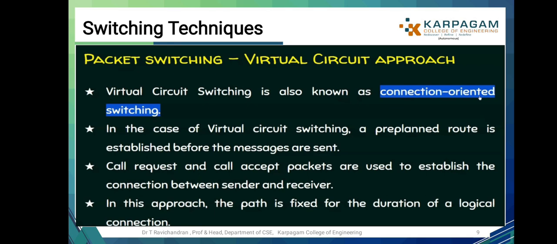The next packet switching approach is virtual circuit switching, also known as connection-oriented switching. In virtual circuit switching, a pre-planned route is established before the message is sent. Call request and call accept packets are used to establish the connection between sender and receiver.